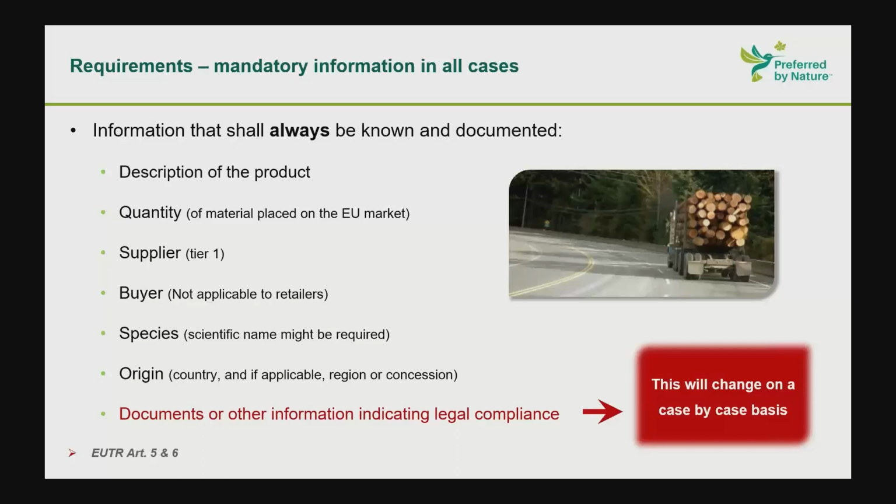And then we're coming to the last element, which is documents or information indicating legal compliance. Now, this will change on a case-by-case basis, and that's like the bulk of the challenge, because the EUTR is not listing all the documents and information you need on a case-by-case basis. So it will really depend on the supply chains you have on your hands.